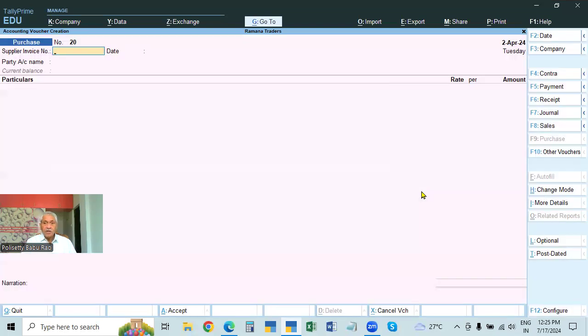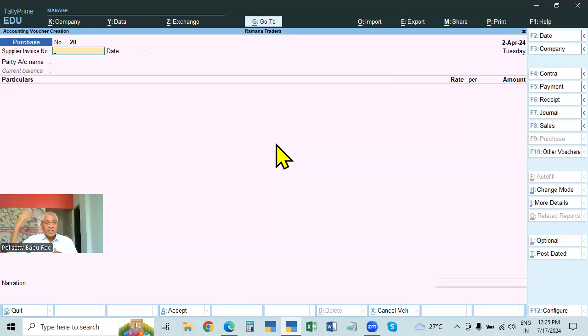For goods, we can use both: the accounting invoice, or the double entry as voucher.